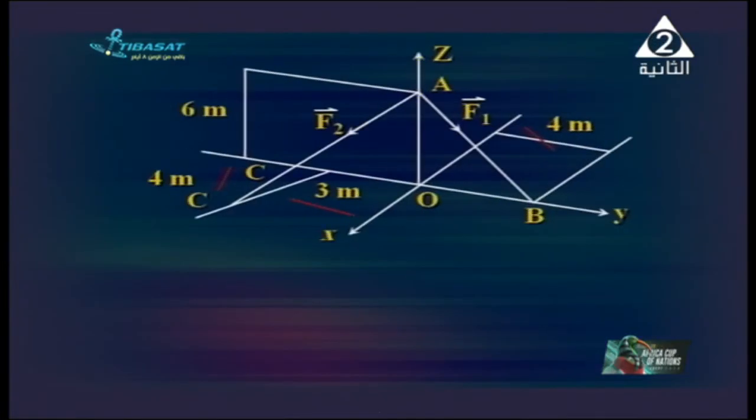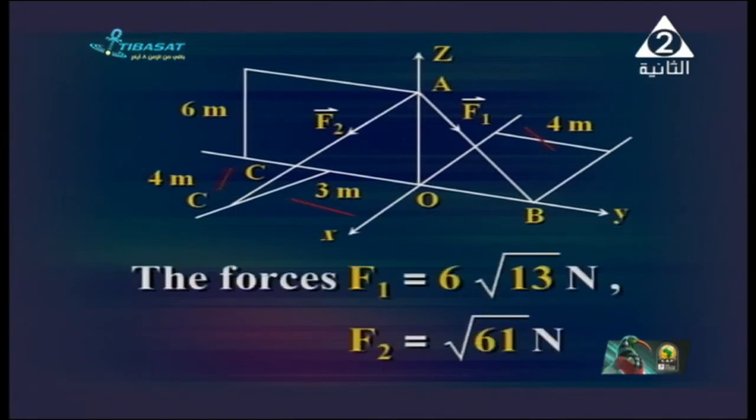My dear student, look at the opposite figure. We have F1, 6 root 13, and F2, square root 61 Newton. We have two forces, F1 and F2, in opposite directions.